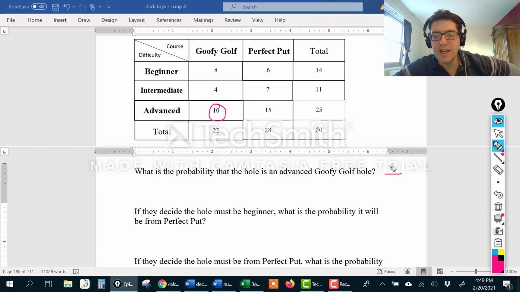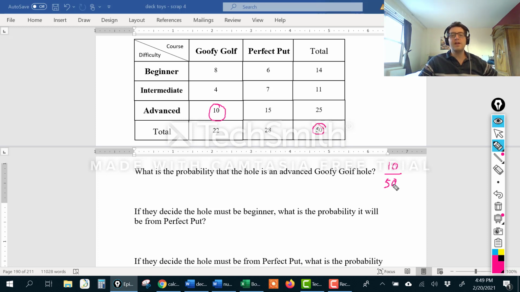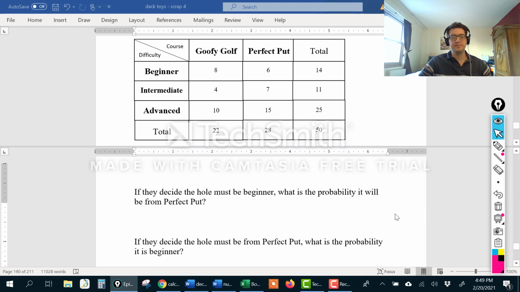So I'm going to put that in the numerator, and again in the denominator I would put the total number of holes all together, whether they're from Goofy Golf or Perfect Putt or beginner, intermediate, or advanced. There are 50 holes all together. That's our grand total. So that would go in the denominator. Okay, so that's our probability. The probability that the hole they pick at random is an advanced hole from the Goofy Golf Course is 10 out of 50.